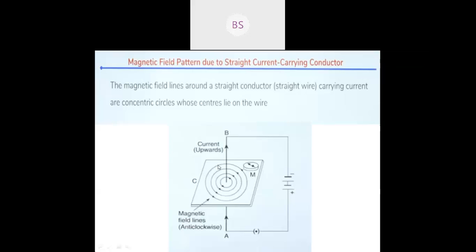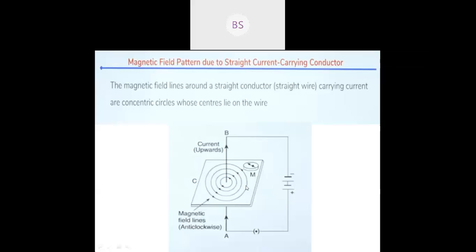No, ma'am. What Vijay was asking, whether the change in the magnetic field will be there, you will understand in the right hand thumb rule. If we change the direction of current, it will change, that you will understand later on, but you should first know what three observations you have seen here.